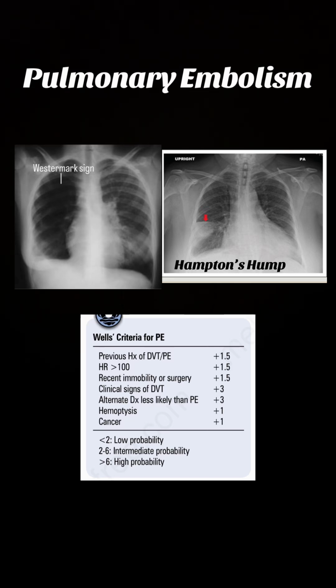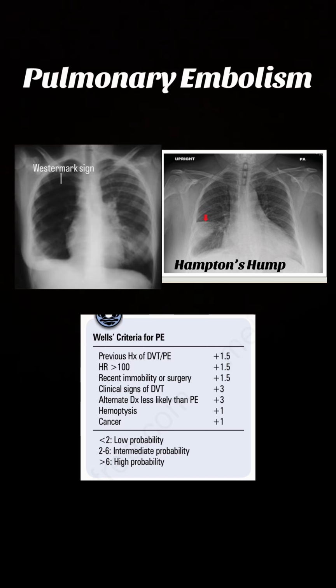Okay, so I'm just going to quickly repeat. If someone has a modified Wells criteria more than 4, you have to go for CT pulmonary angiography or VQ scan. If that confirms pulmonary embolism, you have to continue anticoagulation treatment with either thrombolysis or surgery, depending on the situation.